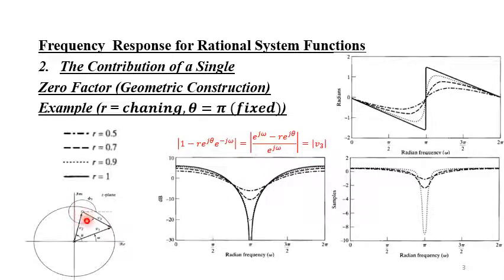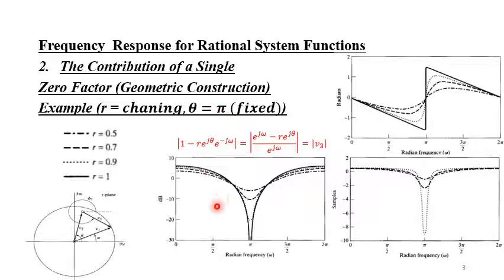So v3 is basically v2 minus v1, which is where it is represented. Now we change r, so r can have a value of 0.5, 0.7, 0.9 and 1, and we keep theta constant at pi radians.